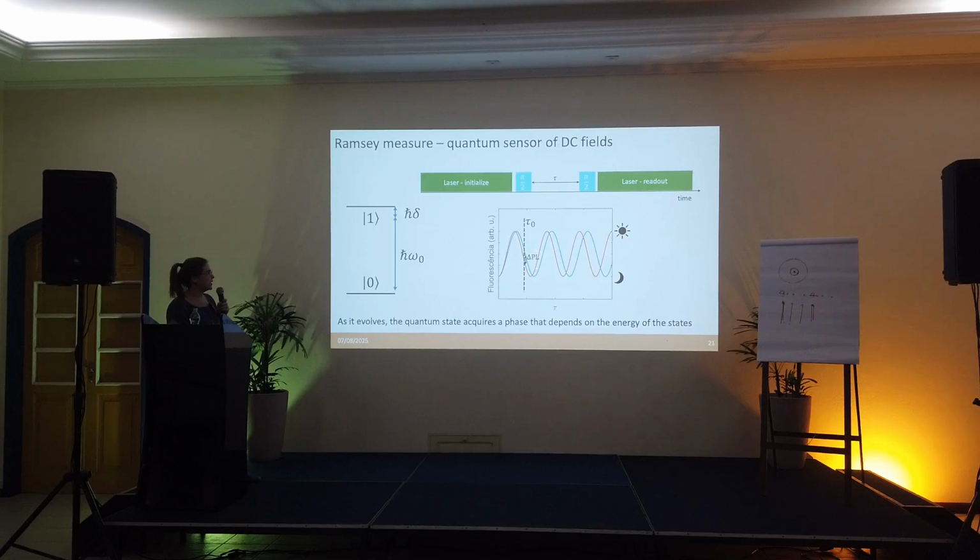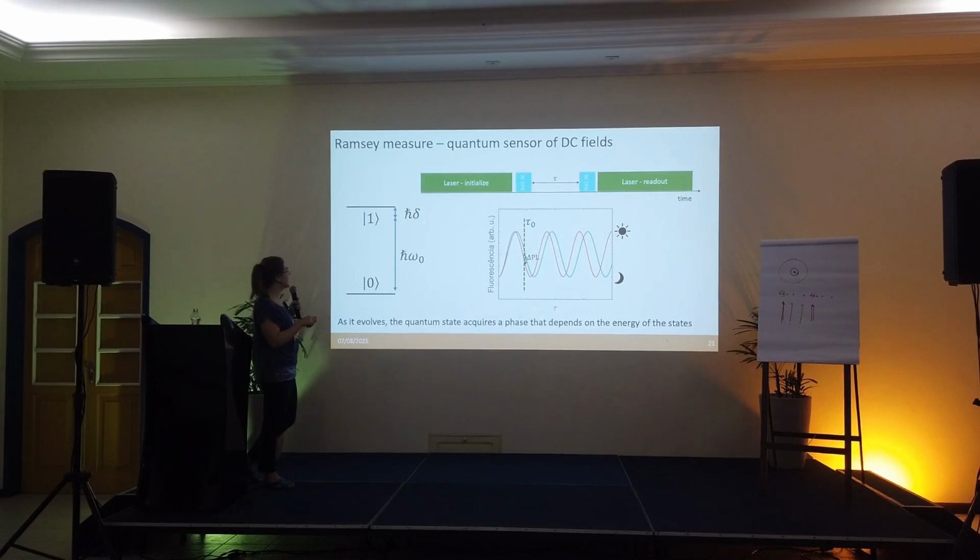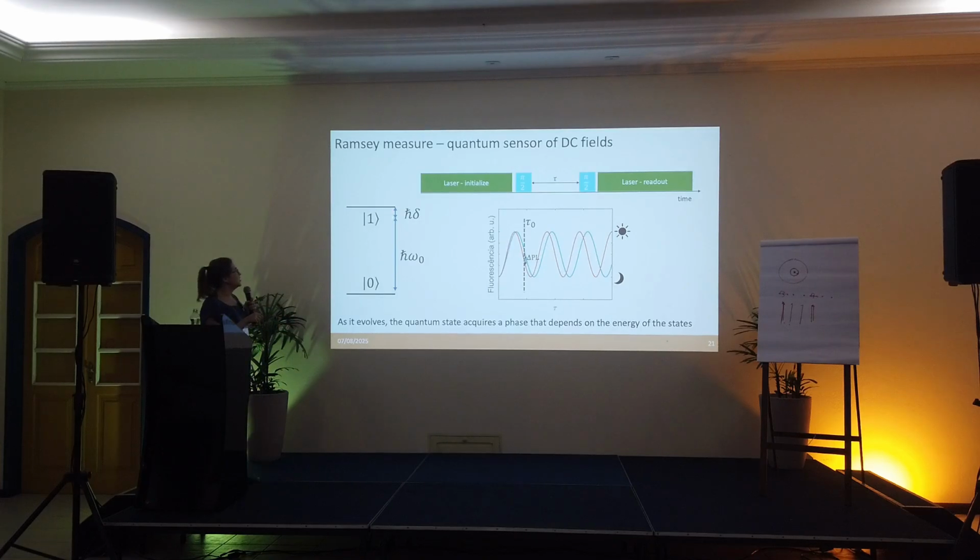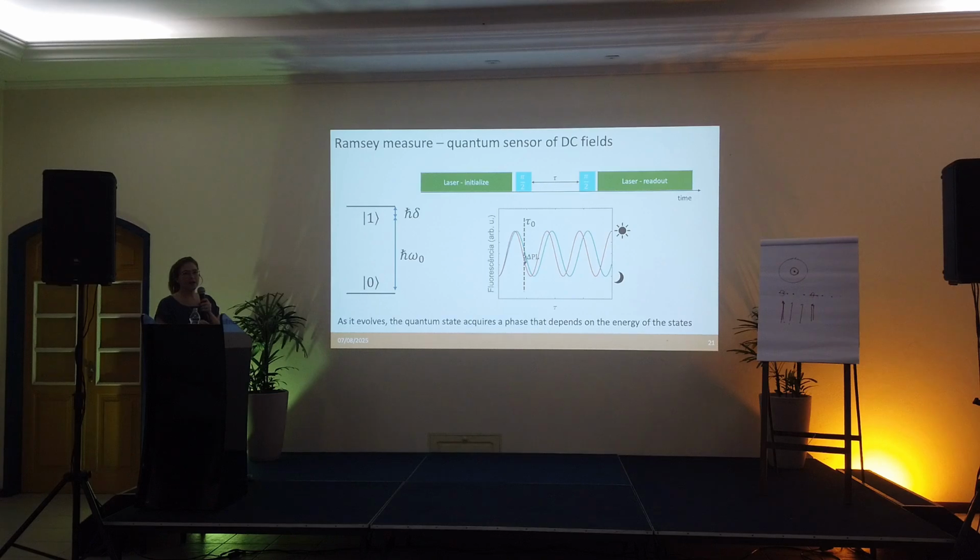Again, through tracking a change in photoluminescence, and from that I can infer something about the change in the energy levels of my qubit, right? I can infer something about how these energy levels have changed, given that I now have a perturbation that gives rise to this shift in energy levels. Right?